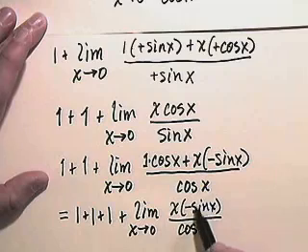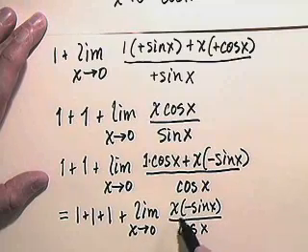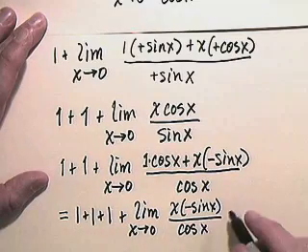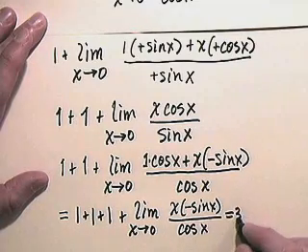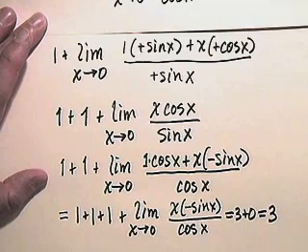Well, now this is not an indeterminate form. As x goes to 0, the denominator goes to 1, but look, the numerator certainly goes to 0, so this is just 0 over 1. So we have 1 plus 1 plus 1, which is 3, plus 0, so that's 3 plus 0, which is finally simply 3.